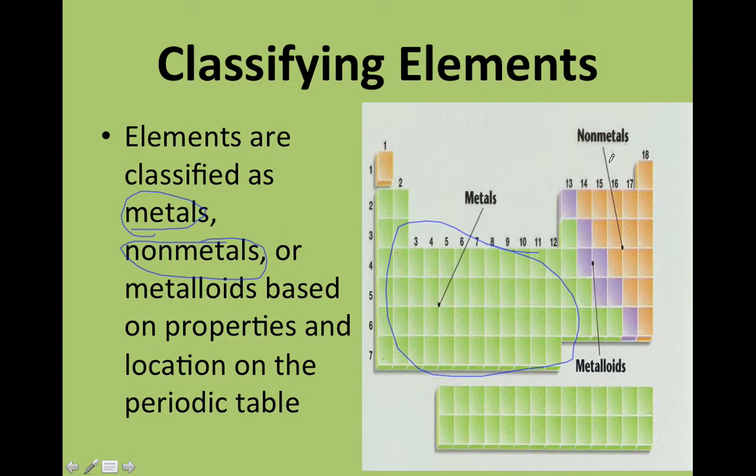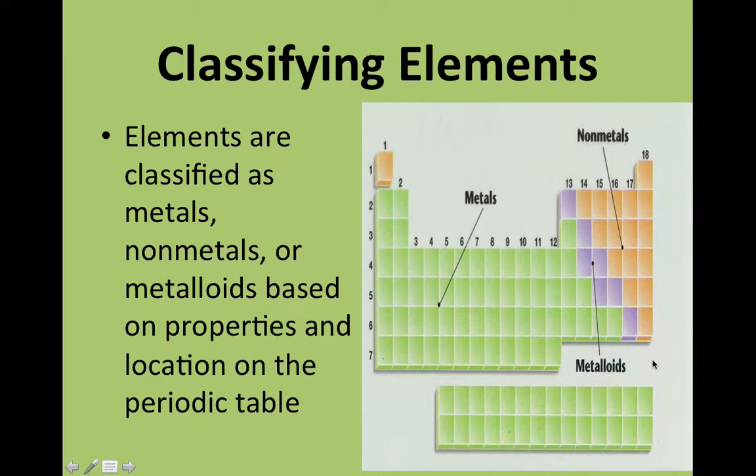They're the opposite of metals, and those in the orange are nonmetals. But notice hydrogen is way over here in the metal group, and the only reason it's there is for that 1 valence electron. Other than that, it has characteristics of nonmetals. And then we have these special things called metalloids. Metalloids are on the stair-step line, the purple ones there. There's this heavy, distinct line that runs diagonally like a stair-step down the periodic table.